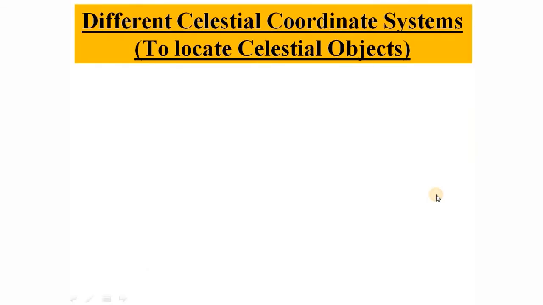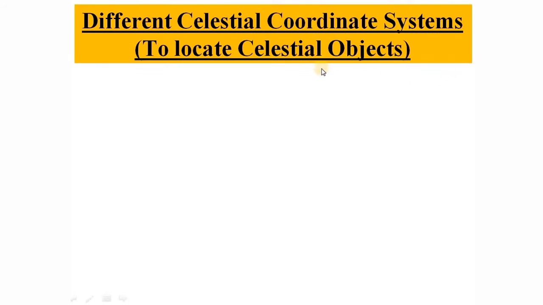Now let us move on to the coordinate system. There are different coordinate systems. From time immemorial, or you can say ancient times itself, people felt the need of assuming some coordinate system so that objects in space can be located and referred to very easily.